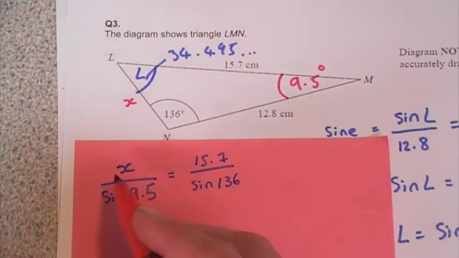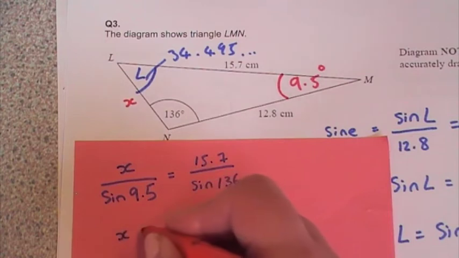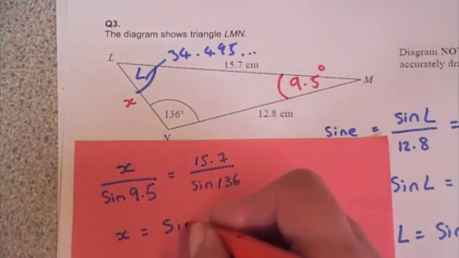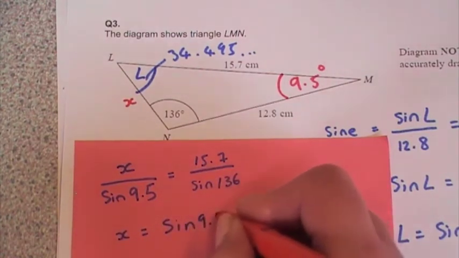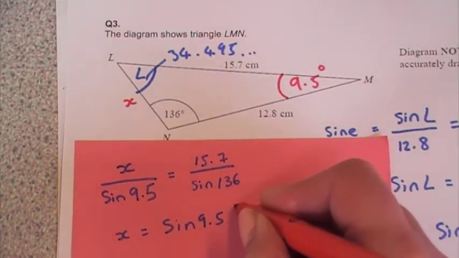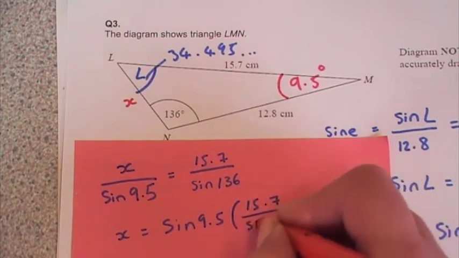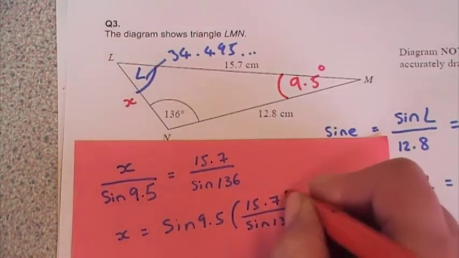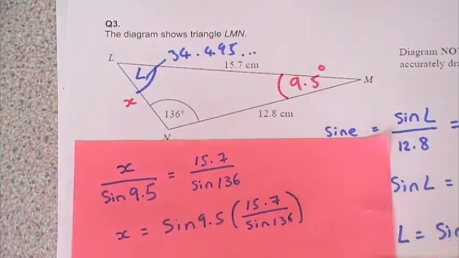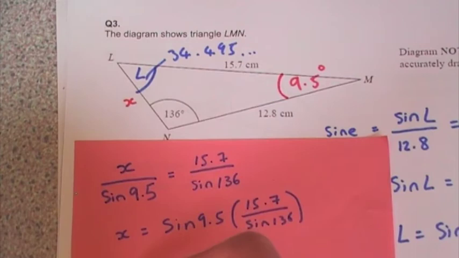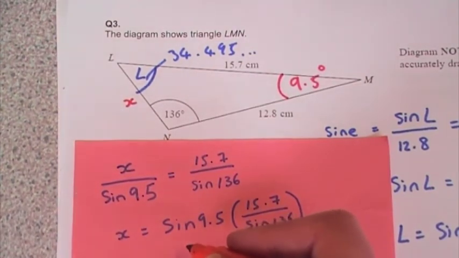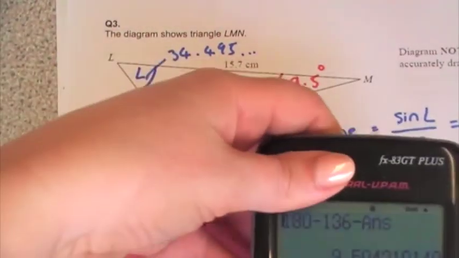I want x on its own, so I need to multiply that sine 9.5 away, which will leave me with x equals sine 9.5 times by 15.7 over sine 136.